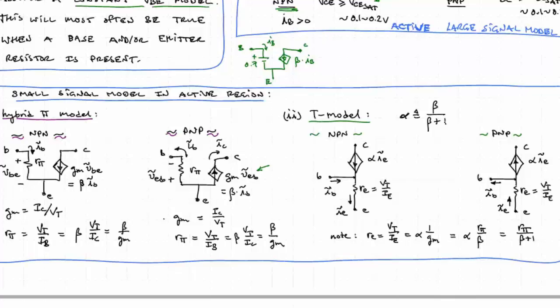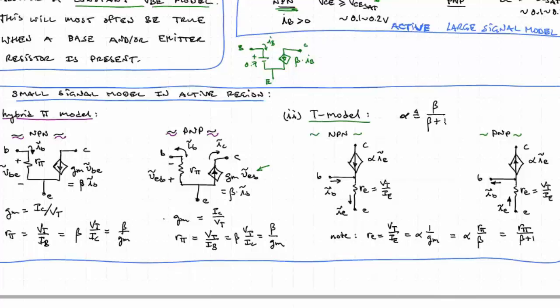So in the T model, the collector current is alpha times the emitter current, and the emitter current is actually determined by the VBE voltage. So it's a resistance RE, E for emitter, and the current that flows out the emitter is equal to the base emitter voltage divided by RE.